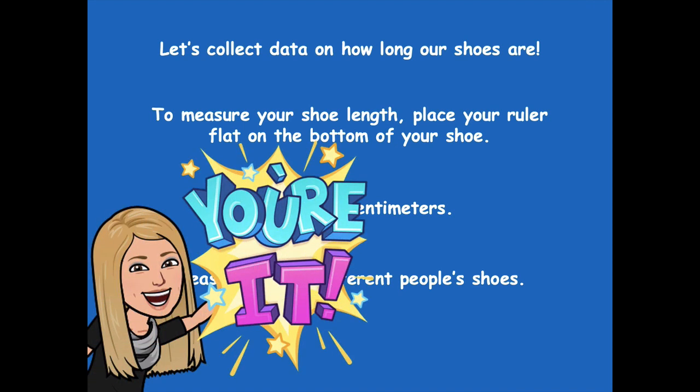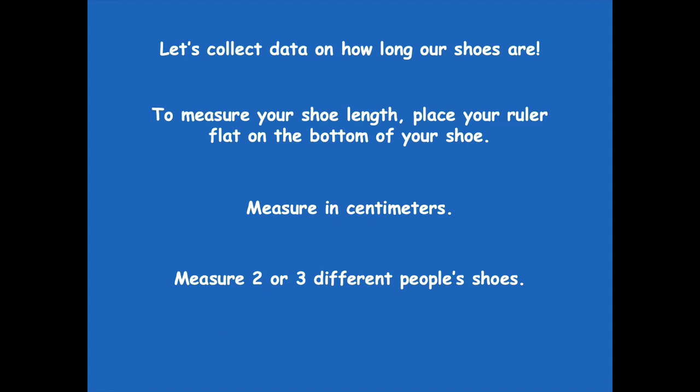So you're going to pause the video, you're going to do measuring. If you only have your shoe to measure, just measure your shoe. If you can grab another shoe, grab another shoe, okay? So just measure a couple shoes, or at least one shoe, and then click play when you're ready to go to the next step. All right, friends, pause if you need more time.